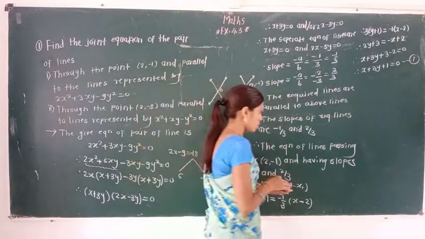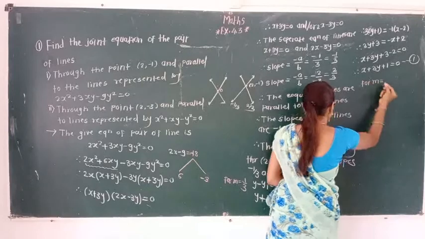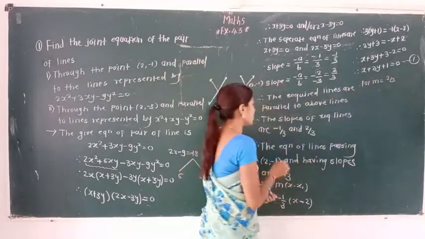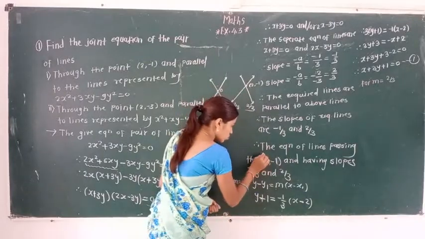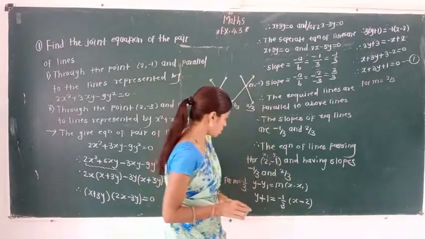Now take the slope m equal to 2 by 3. This line also passes through the point (2, -1), so 2 is x1 and minus 1 is y1.